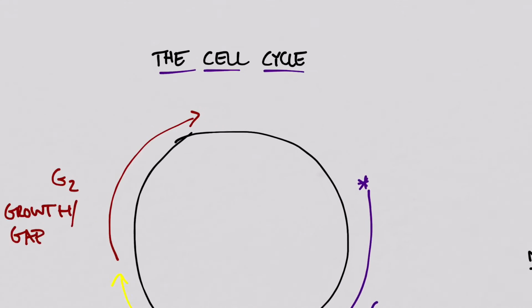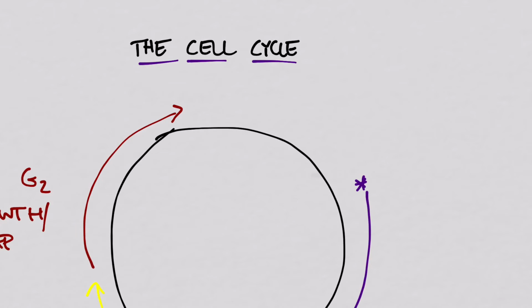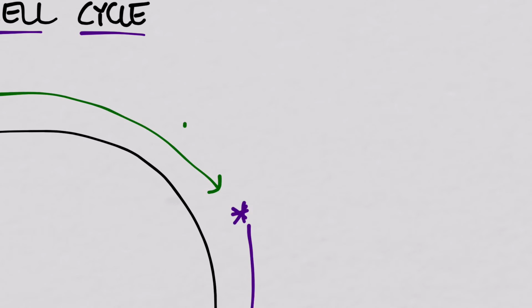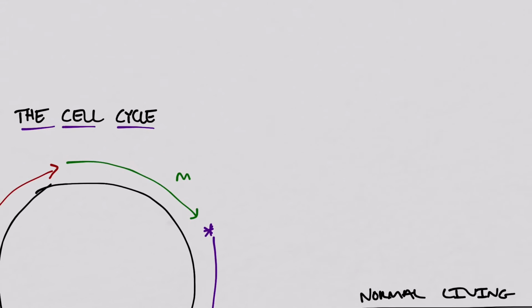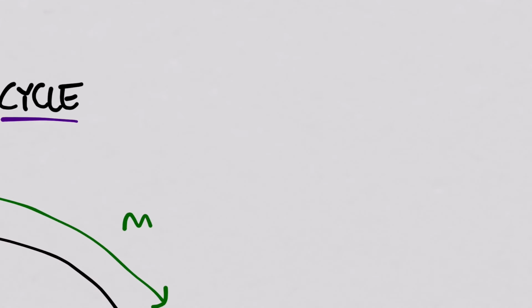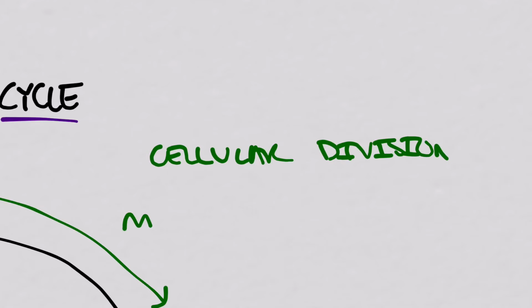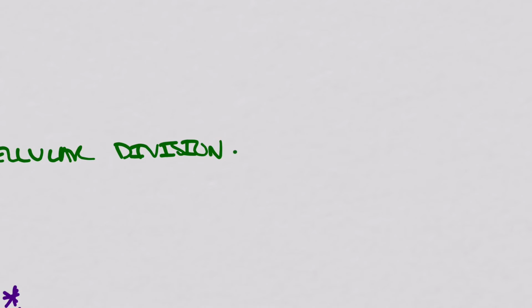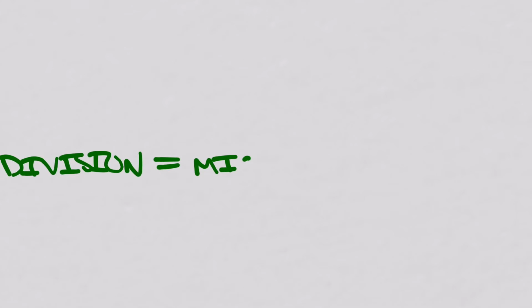So, what happens next? Well, this is called the M phase, this last phase right here. And the M phase is the cellular division phase. But cellular division is actually made up of two parts. The first part is called mitosis, M-I-T-O-S-I-S.